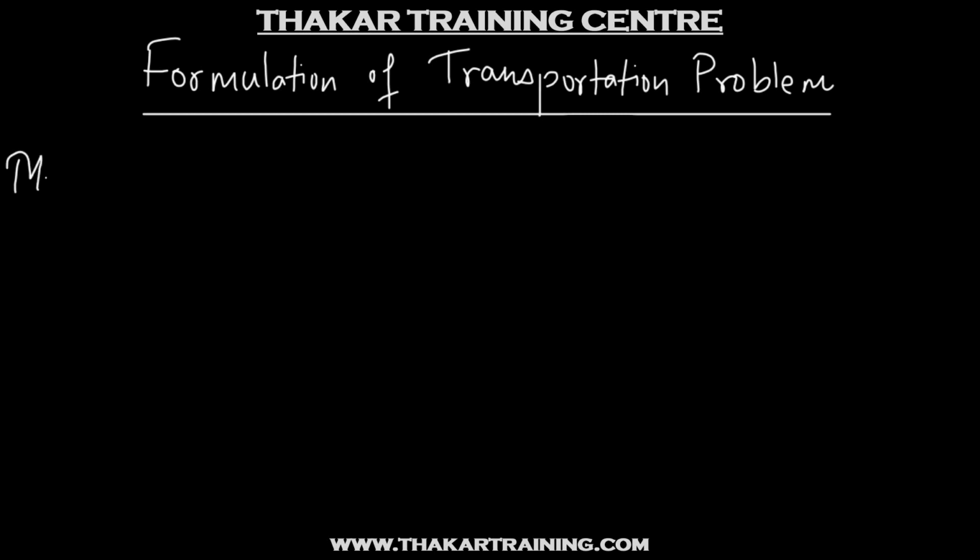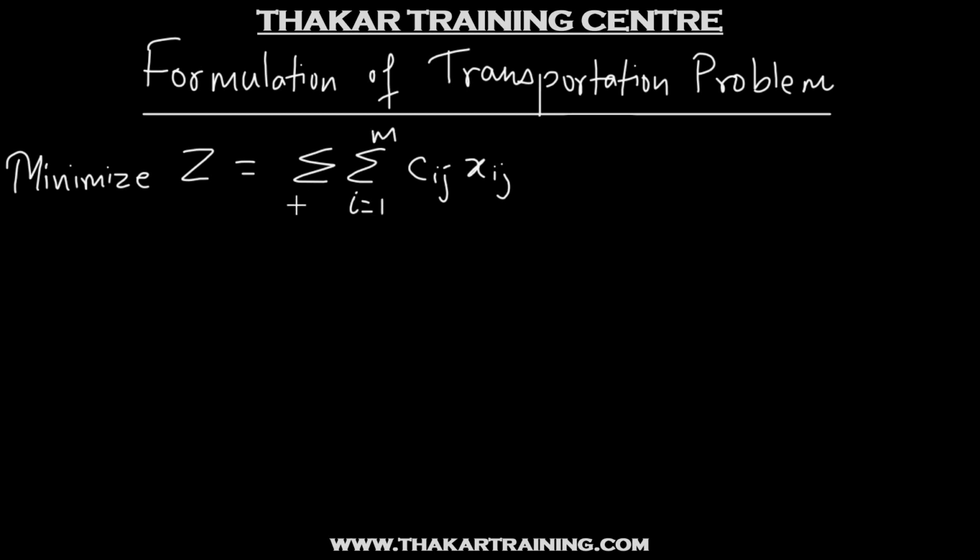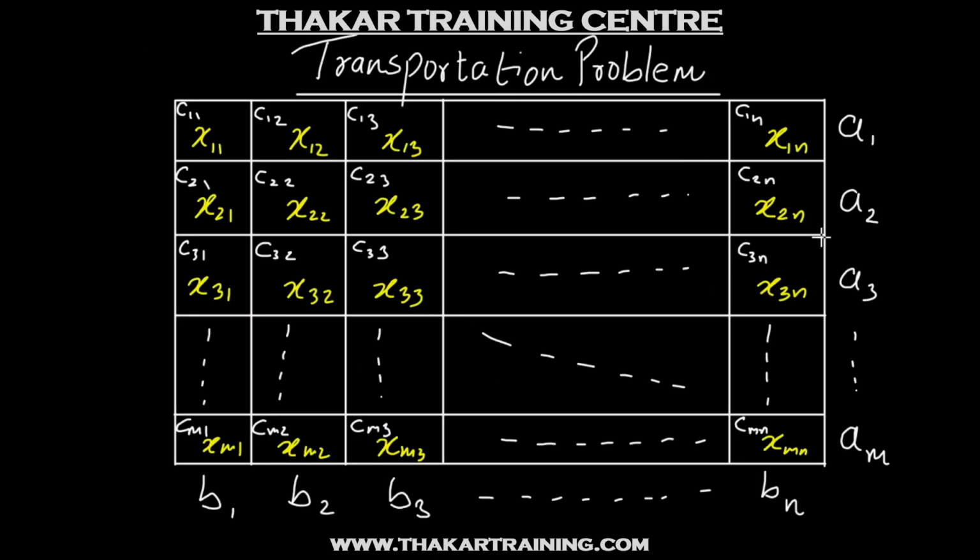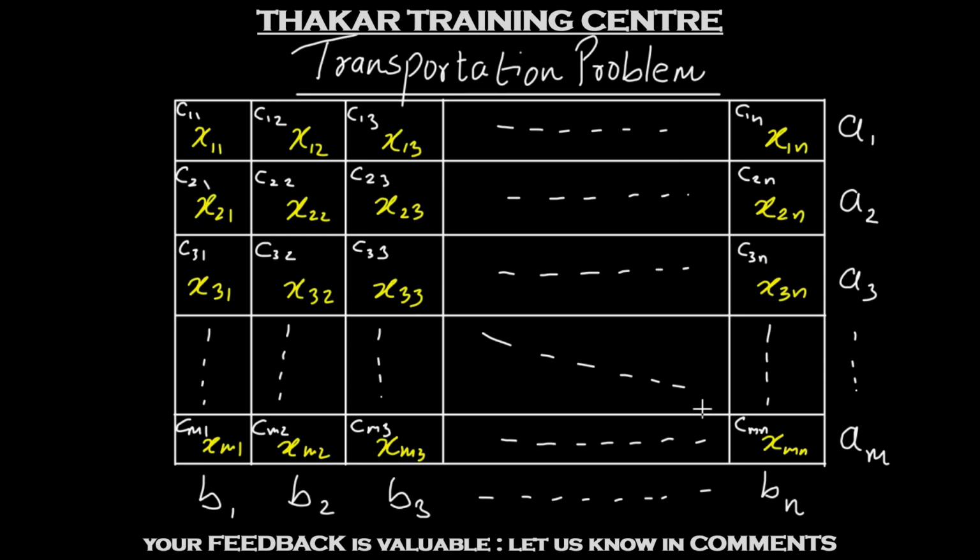So the objective will be to minimize the total transportation cost, which will be given by the double summation of Cij xij, i going from 1 to m and j going from 1 to n. We have taken m sources and n destinations.